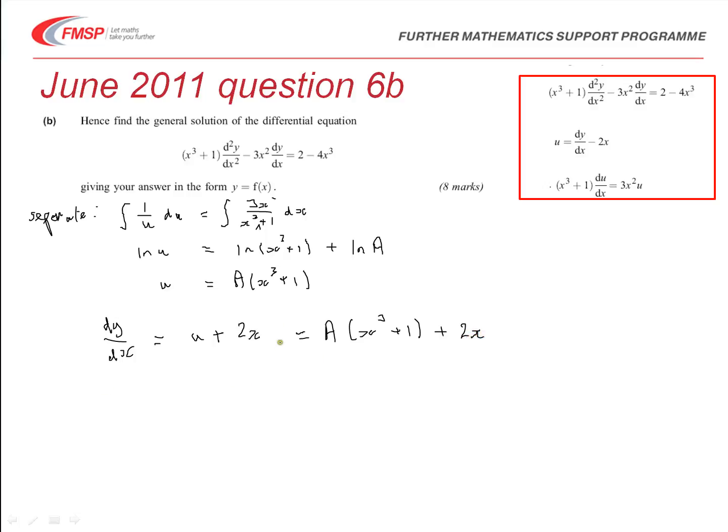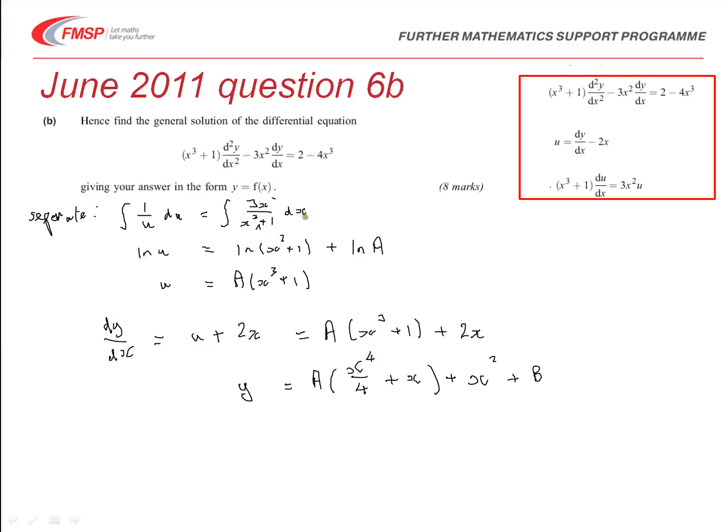And again, if dy by dx is equal to this function of x, if I integrate both sides with respect to x, I know that y will equal a constant times the integral of x cubed, which is x to the 4th over 4, the integral of 1, which is x, and then the integral of 2x on the outside is x squared, and then I must remember, having integrated, that I now need an additional constant, let's call it b, on the end.